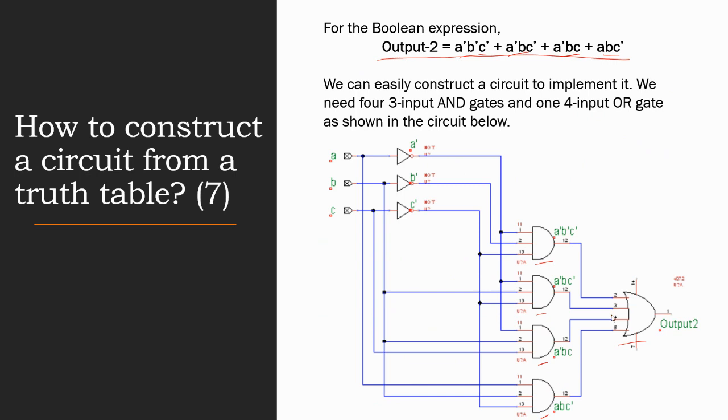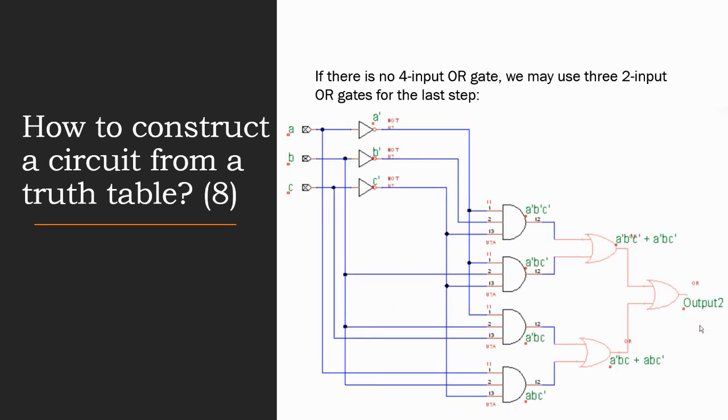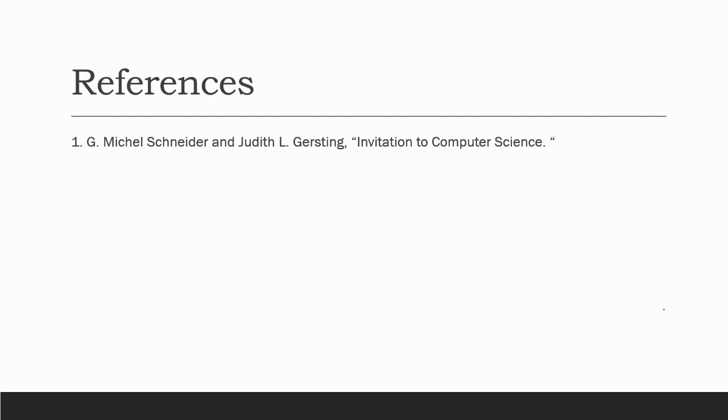This is the circuit of the Boolean expression for the output 2 part of the truth table. If there is no 4-input OR gate, we may use 3 2-input OR gates to construct it, like the circuit figure below.